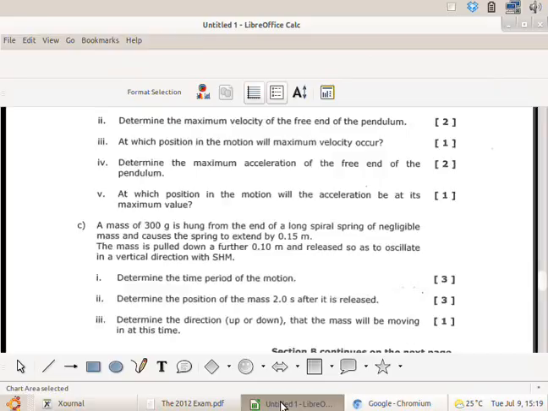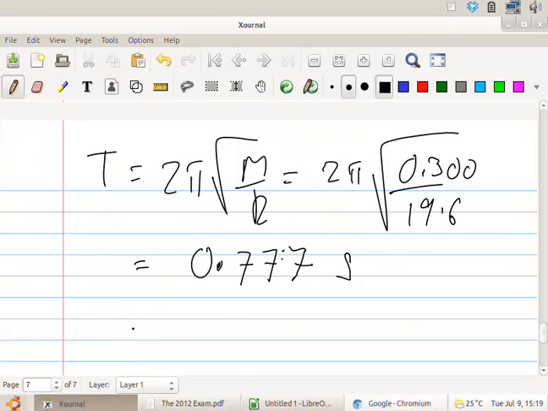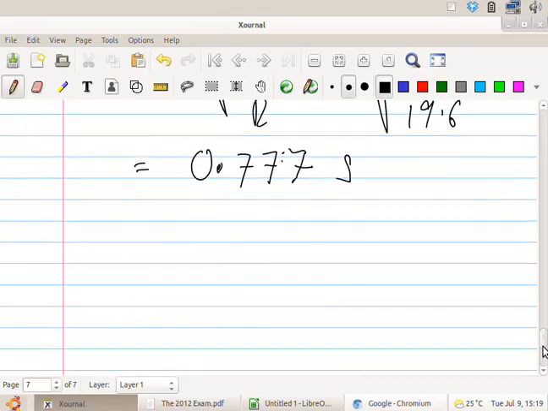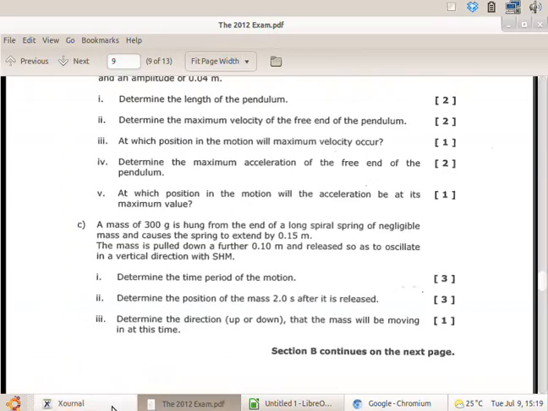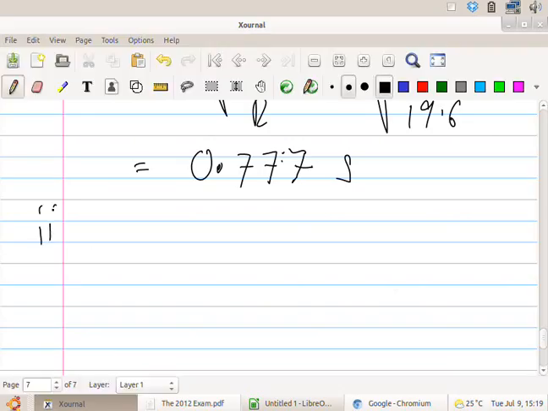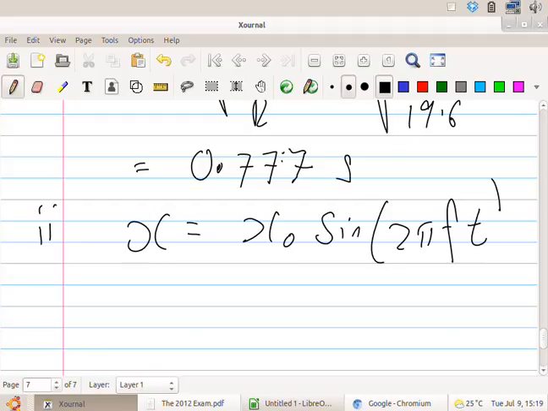Yes. Now, I think the symbol here is a little bit confusing. For part 2, he says displacement equals x0 sine 2 pi ft.